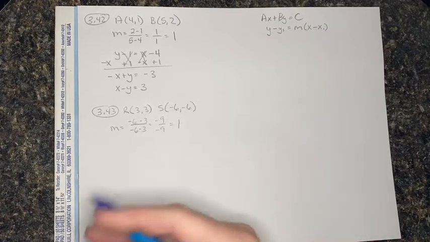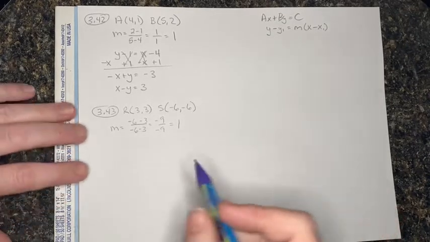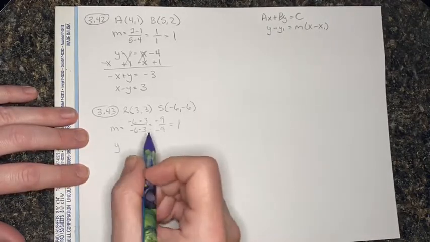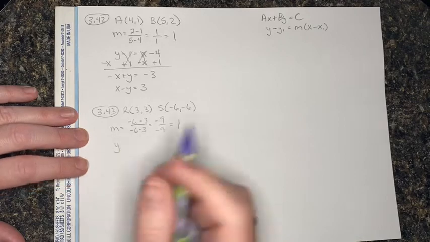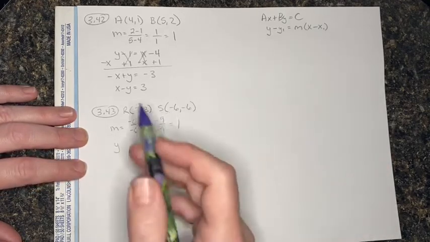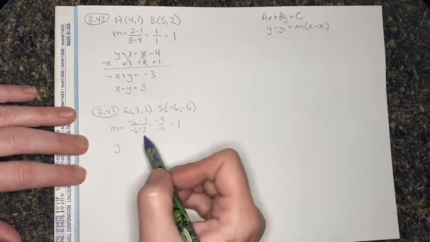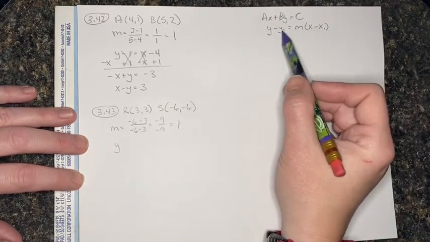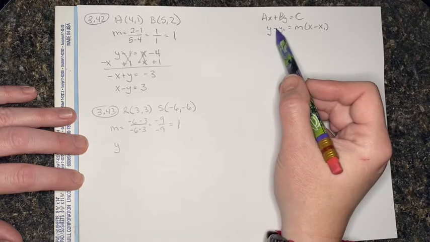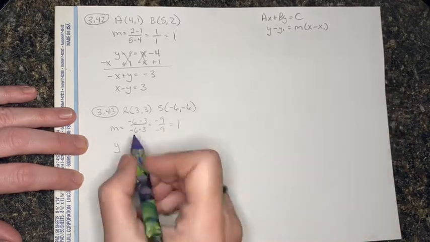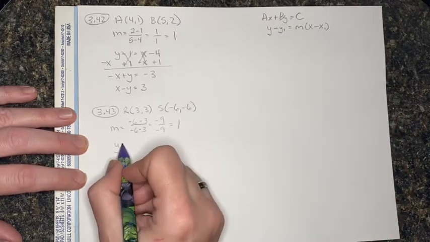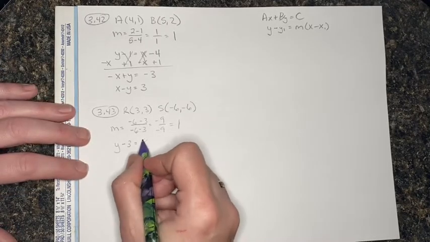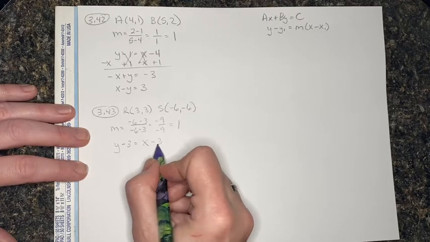They're going very easy on you at this beginning, okay? So now let's put it into our slope form, and let's use point R. It doesn't matter. Like I said, you can use S, you can use R, it doesn't matter. Just remember now when you're using a negative number, and we've got y minus, if you use a -6, it would be y minus -6, okay? Just remember that. So we've got y minus 3 is equal to our slope of 1, which I'm not going to write. So it's got x minus 3, okay?